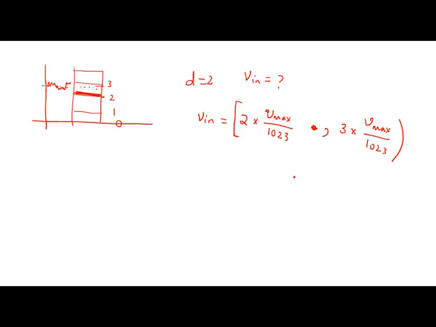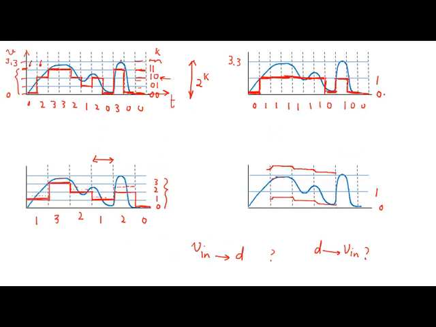Okay, so this is about the actual voltages and the actual digital value that you look at. Now let's go and just briefly talk about the timing that you have. So the timing here is going to depend on 2 factors.